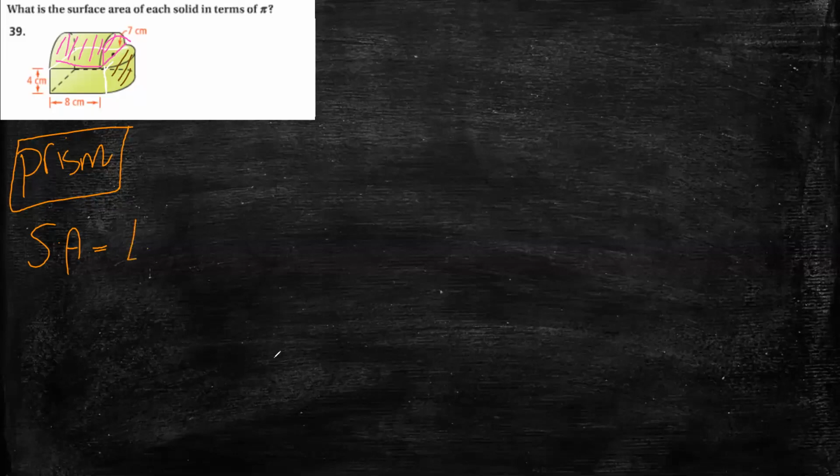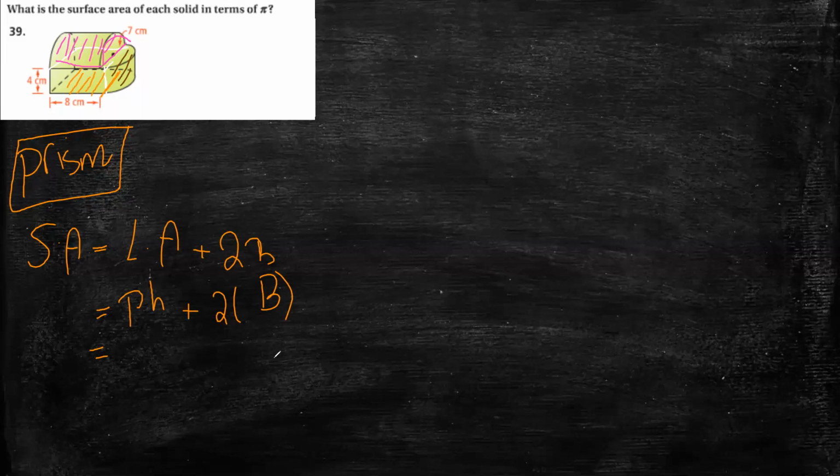So for the prism, I need to find the surface area. It is the lateral area plus 2 times the area of the base. The lateral area is the perimeter times the height. The perimeter, I need to look at the base down.